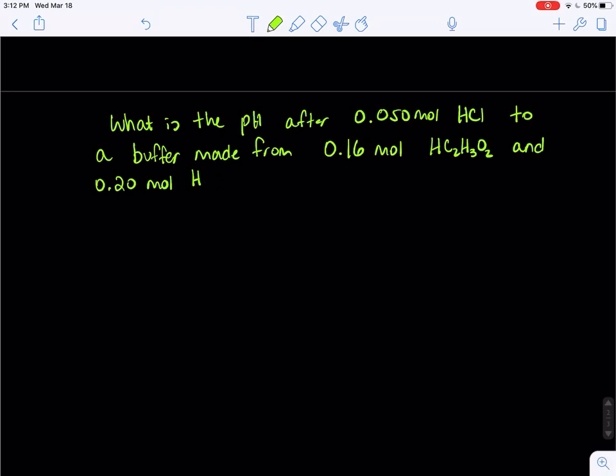I meant to say sodium acetate here. Okay, so what is the pH after 0.050 moles of HCl is added to a buffer made from 0.16 moles of acetic acid and 0.20 moles of sodium acetate.